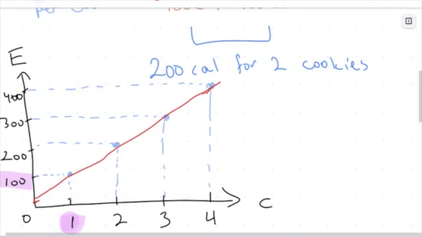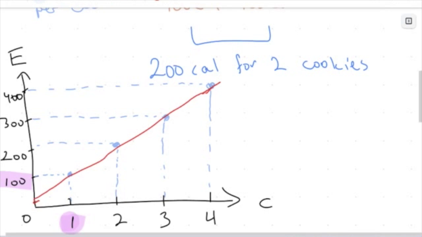So what we've done here is we've taken everything we know about linear relationships and plotting points on a graph and drawing the graph. We are applying this now to rates. We're applying this to a rate of 100 calories per cookie. So what we end up getting is a linear relationship.